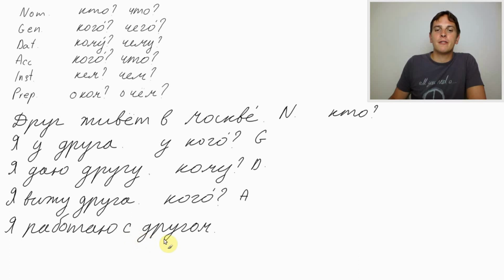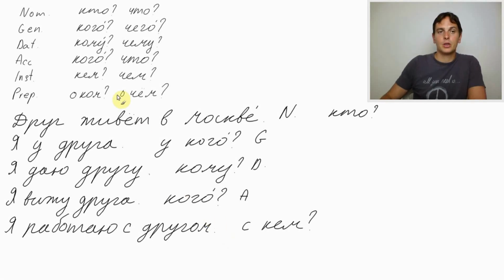I'm working with a friend. With whom am I working? С кем? С кем я работаю? Я работаю с другом. I'm working with a friend. So we got кем. It's instrumental case.